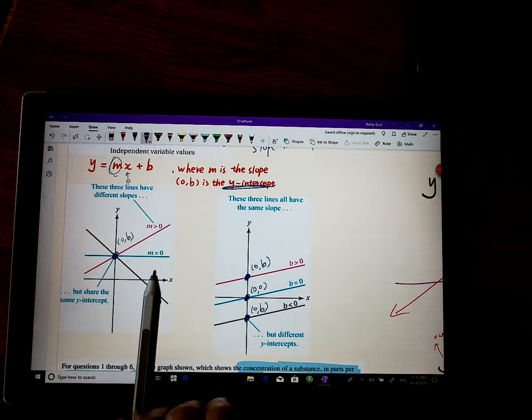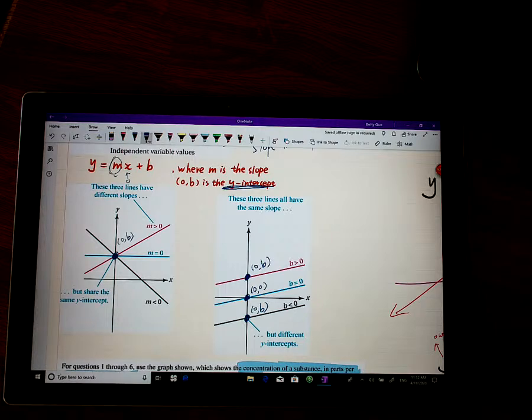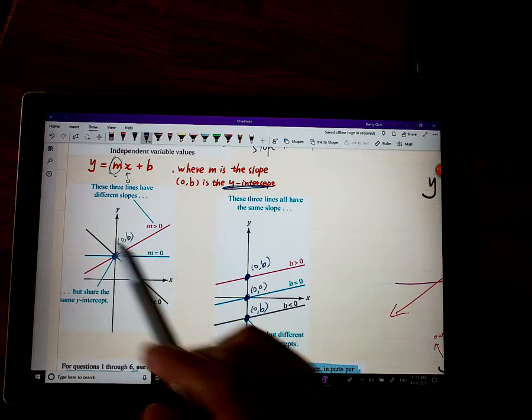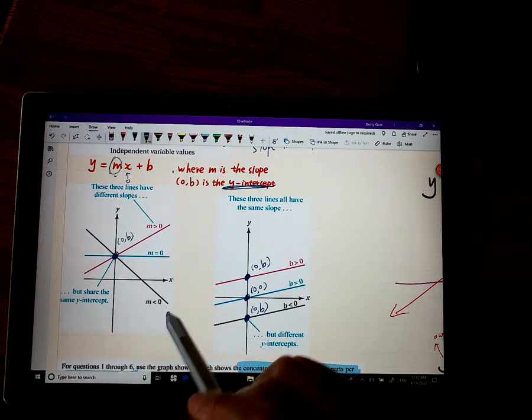The straight line in red has a positive slope because when we look at the graph from the left to the right, like when you read a book, you go from the left to the right. The same with reading a graph in algebra. If you see a straight line going up, then the slope is positive. If you see a straight line going down, the slope is negative, less than 0.